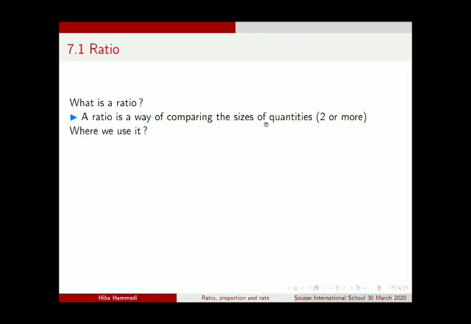And where do we use ratios in real life? We'll have plenty of use of ratio in real life. For example, when mixing colors, we need to know the relationship of the quantities I'm using to make a color. Making dark colors is very different than making light colors.